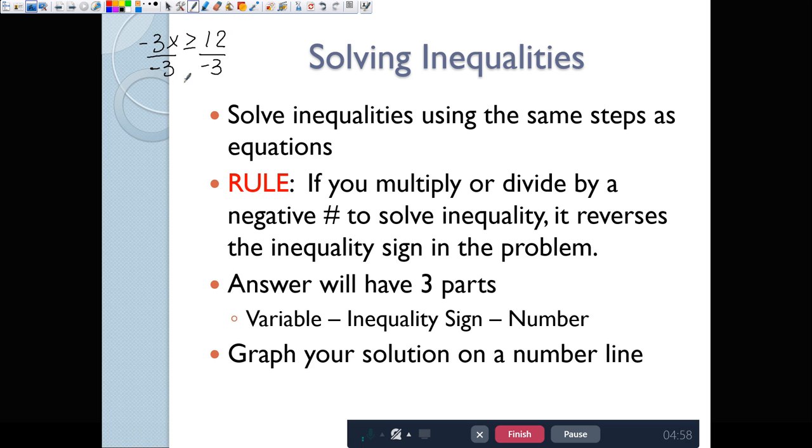So I have to change my sign to less than or equal to. You reverse the symbol, and so my x would be less than or equal to -4. Does that make sense? That's what it means by reversing the sign. You flip it. Then your answer will have 3 parts: our variable on the left, our inequality sign in the middle, and then the number. And then we graph the solution on a number line, just like we just did.